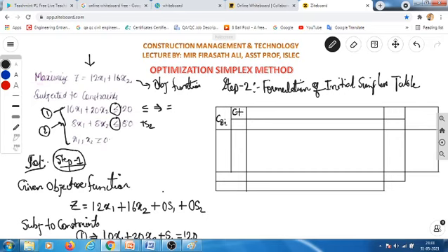We have CJ, the coefficient of the objective function. Over here we need to write the basic variables. In this column we have the solution.